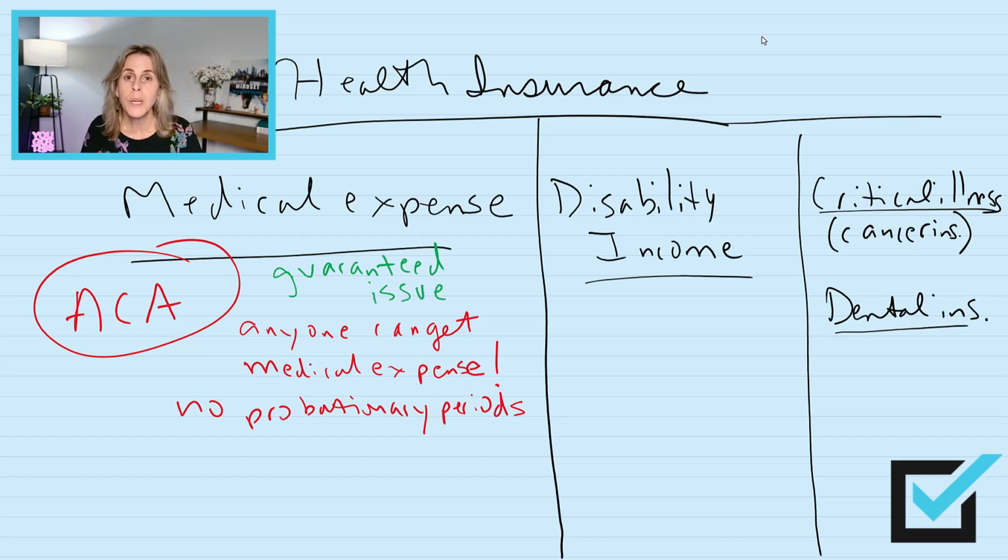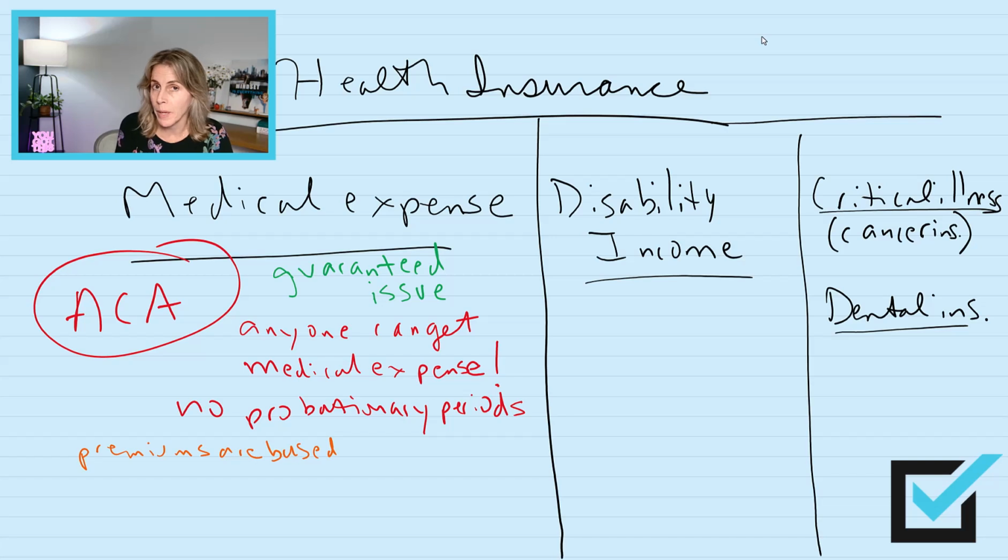Now, does it have a premium? Certainly. And you may or may not qualify for a subsidy. There's so much that goes into that. That is not what I'm going to cover in this video. But just this idea that you can get medical expense coverage no matter what, and that your premiums are based not on gender, because gender is prohibited, but on your age, where you live, and what type of coverage you are purchasing.